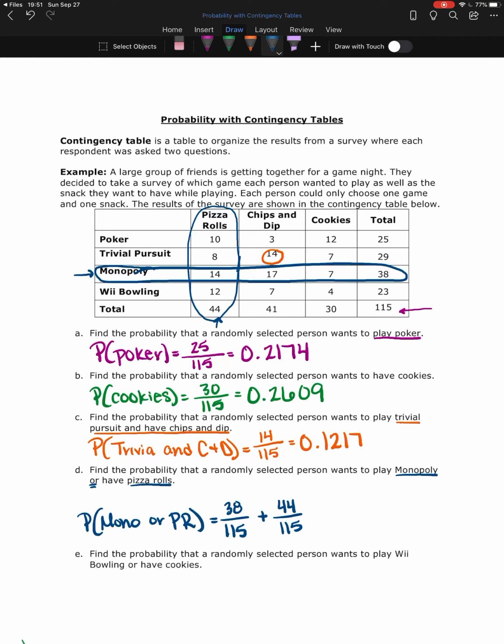Then I looked at pizza rolls by themselves. Now we've double counted people, so we need to subtract off the probability of somebody wanting both of them. And there are 14 people that voted for Monopoly and pizza rolls, where they cross, where that overlap happens.